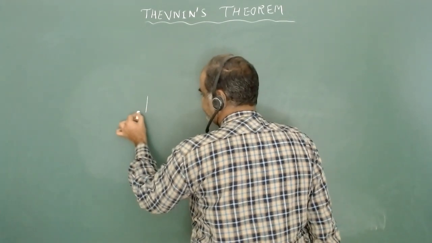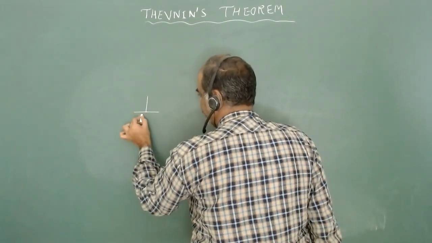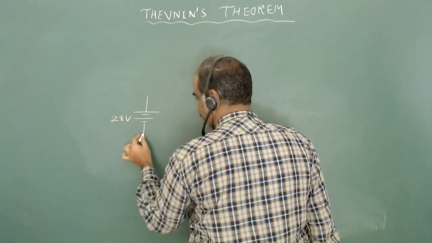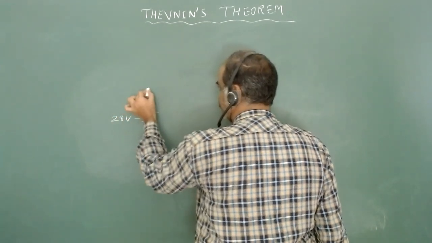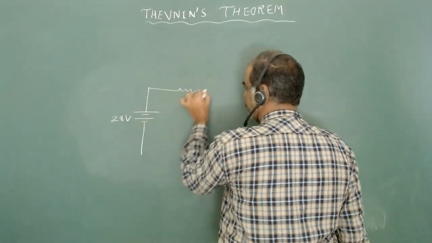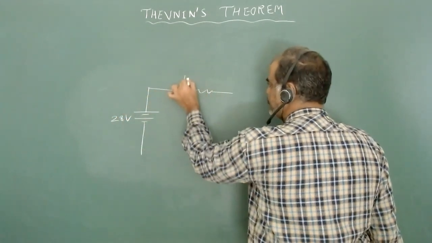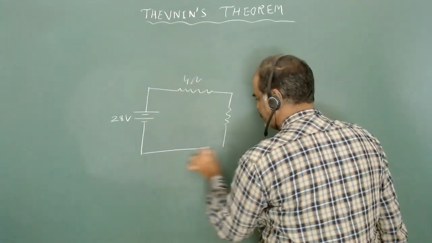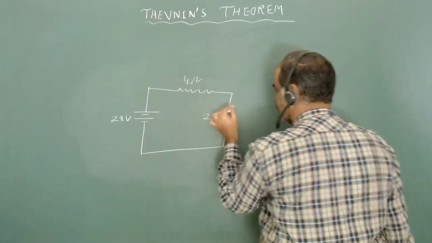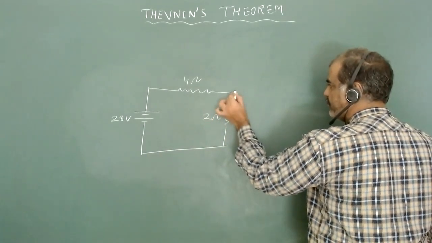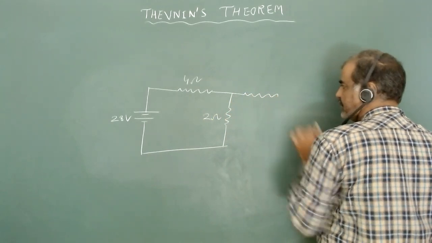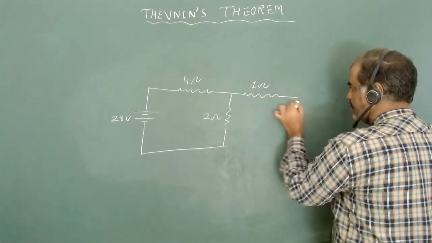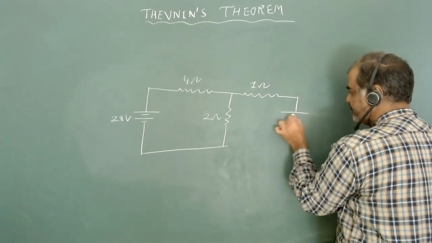I have a battery of 28 volts. Across this battery I have one 4 ohm resistance and one 2 ohm resistance, and I have one more 1 ohm resistor attached parallel to these resistances. This is the 1 ohm resistance, and I have one more battery of 7 volts.